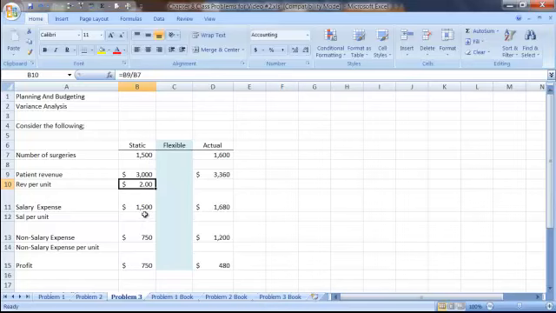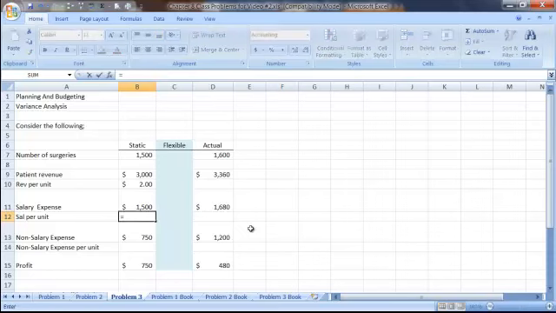Now let's take the salary expense. I think they assume in this that both of them are variable costs, but it really doesn't matter. If it's a variable cost, we can say it has an impact per surgery.